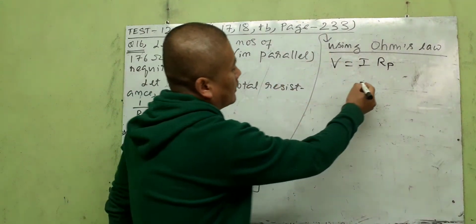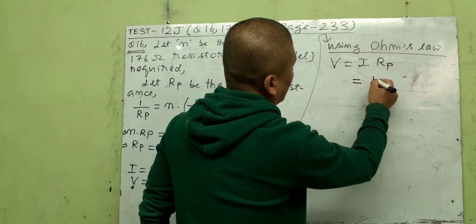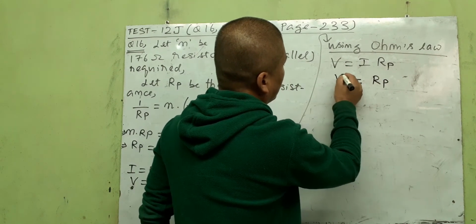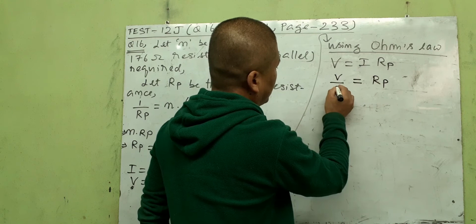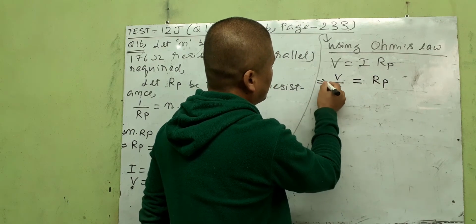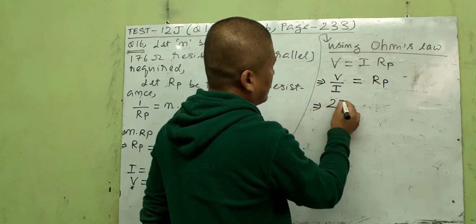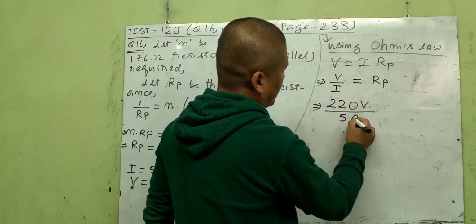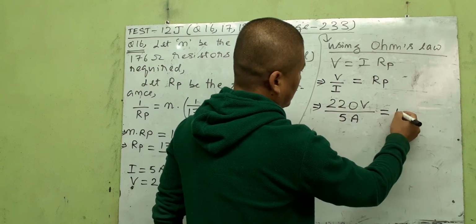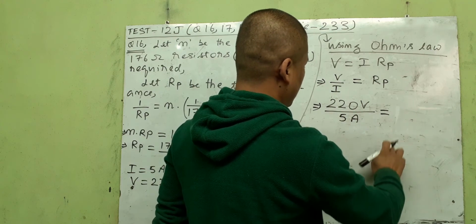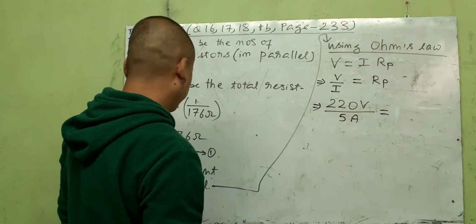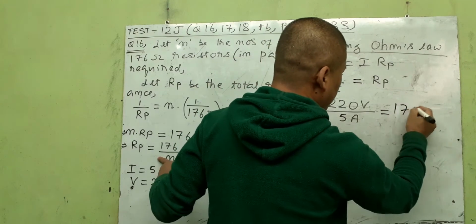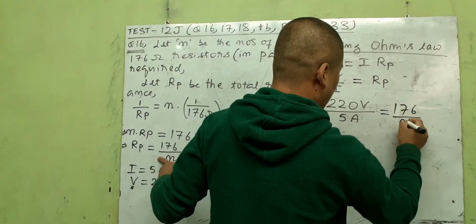So if we keep Rp as it is, and shift this I, it will come to the denominator, so V by I. V is 220 volt, and I we just wrote, 5 ampere. This is Rp, and Rp is, see here, 176 divided by n ohms.